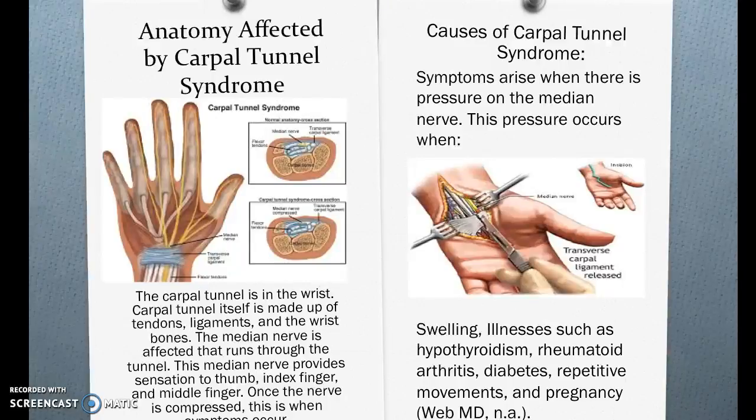I personally work at Anchorage Fractional Orthopedic Clinic, and I work with a hand surgeon who does many carpal tunnels in a month for surgery. And so I'm pretty familiar with patients that have this disorder.